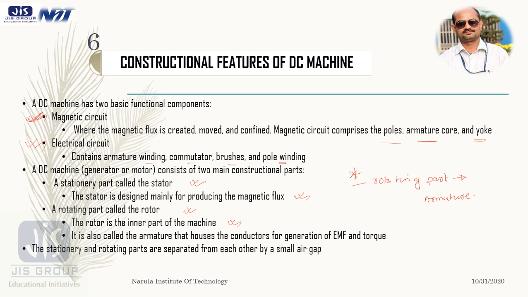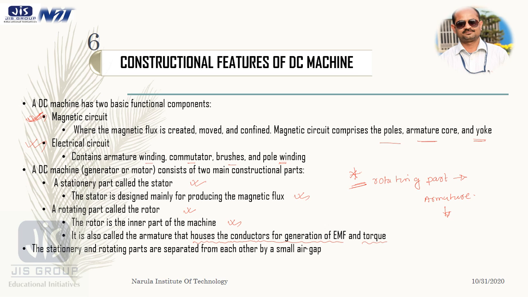Okay, so that houses the conductor. So the conductors are placed inside this armature. So this armature basically houses the conductors for generation of EMF and torque.